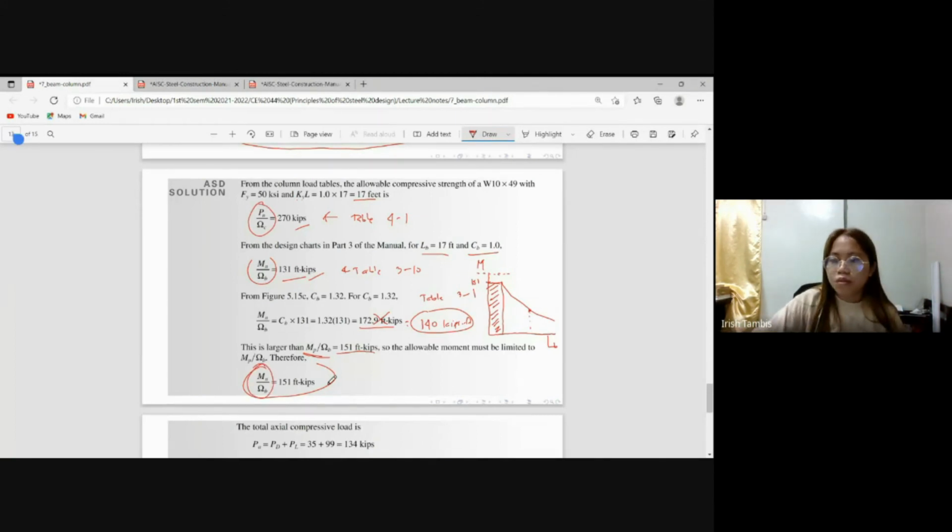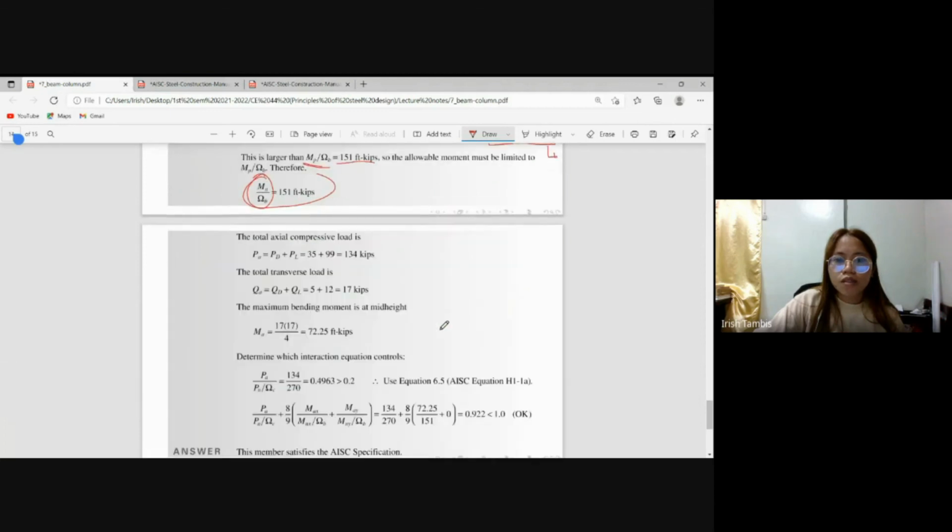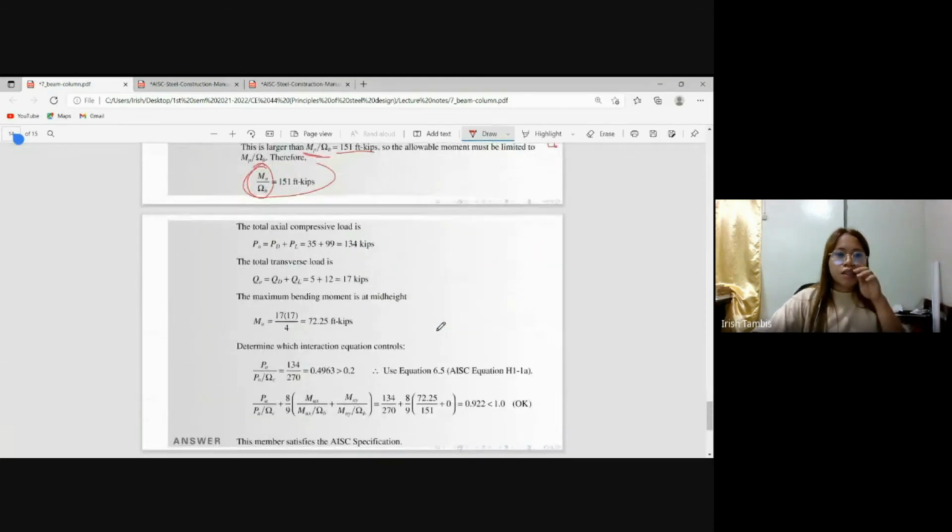So now we have to find P sub A, the applied load, the total axial compressive load.